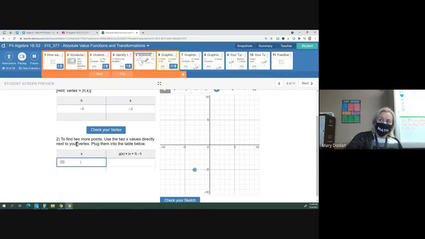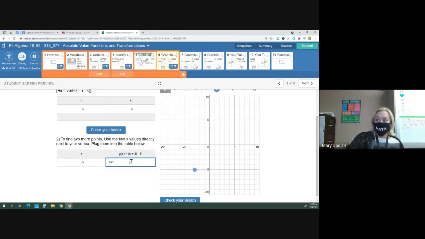And then you can use this table here to get some more points. I can pick anything I want for x, but I do want it to be something I actually graph on this picture. Right now I already know the value when x is negative 3, so I want to pick an x on this side and on this side. Maybe I'll pick something like negative 5, see what happens.